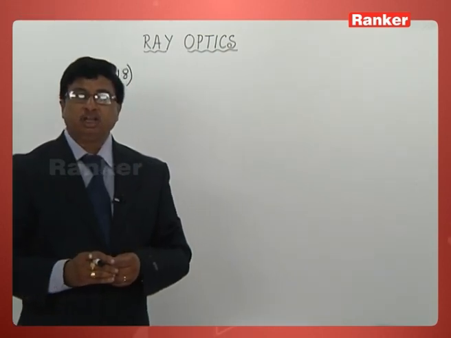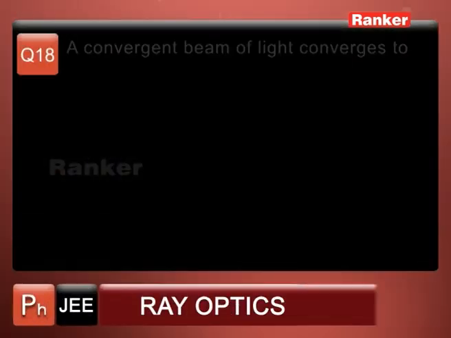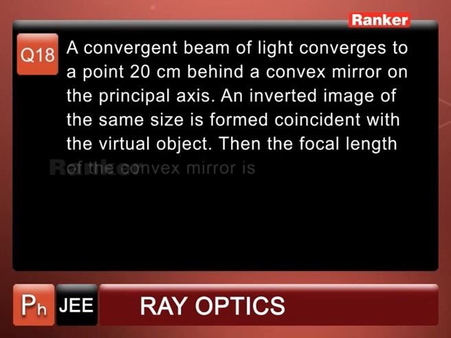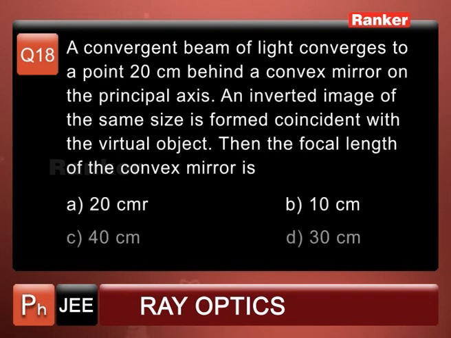Switch over to the next number, that is problem number 18. A convergent beam of light converges to a point 20 centimeter behind a convex mirror on the principal axis. An inverted image of the same size is formed coincident with the virtual object.